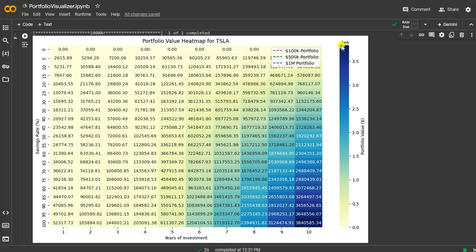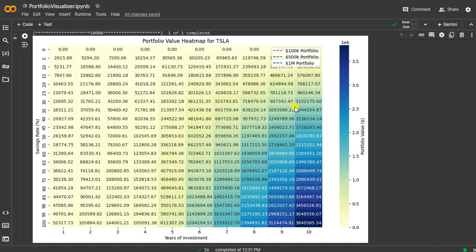It's 10 to the power of 6, so we have a value of 100K. Here, if you have a value of 1.0 in this color, and as we approach the more bluish colors, we get a portfolio value of millions, right, of USD.